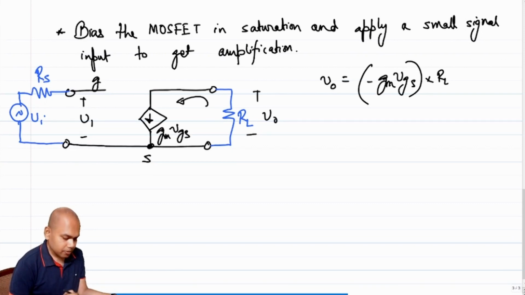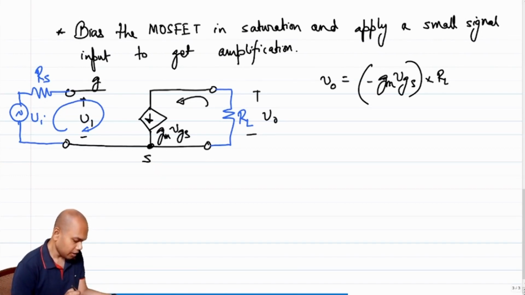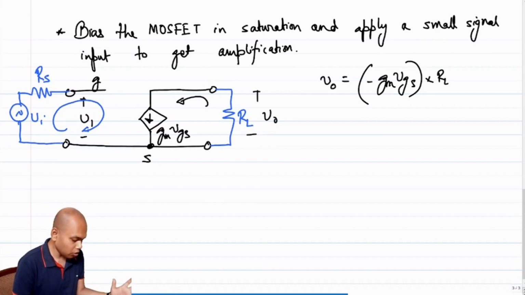What is VGS? How do I know what is VGS? If I do a KVL in the input loop, what do I get? Is there any current in this input loop? No, there isn't, because I have an open circuit at the input terminal, right? So there is no current.